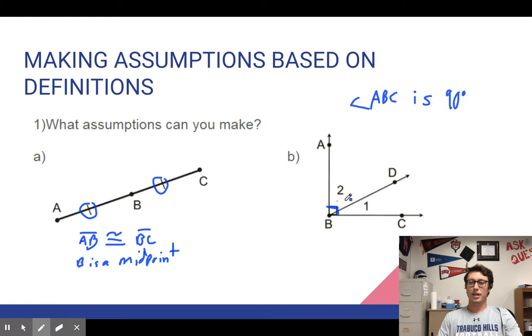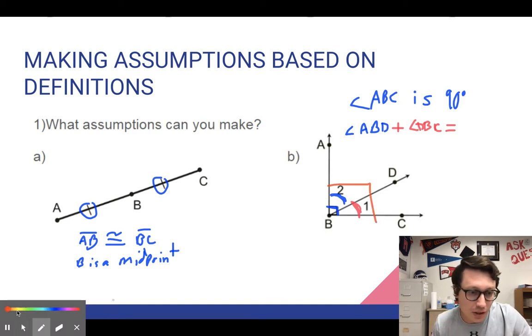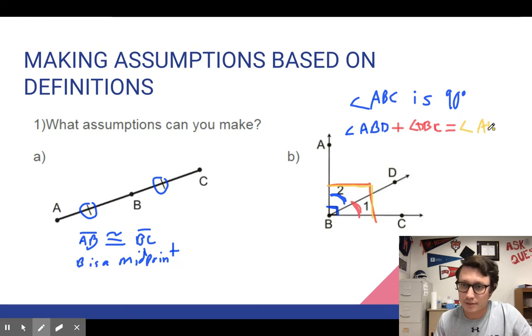We can also say, since these two angles are touching each other, they are adjacent, that angle ABD, this angle right here, plus angle DBC, which is this angle right here, has to equal the entire thing, which is angle ABC.